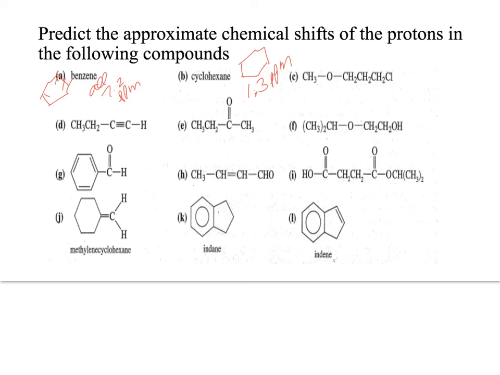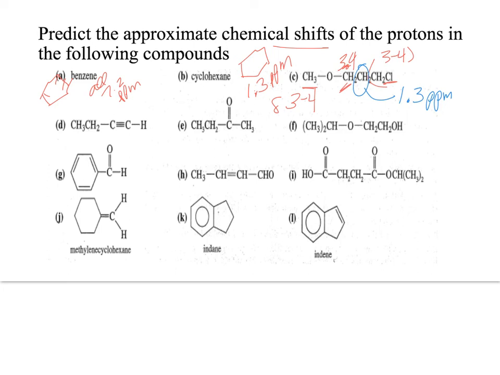Okay, here we just want the chemical shifts. This carbon is bonded to an oxygen, so that's about a 3 to 4 chemical shift. So this one's about 3 to 4. And this one would be about 3 to 4 because it's bonded to a chlorine. And then this one would be less, about 1.3 ppm, because it's bonded to carbon on both sides.